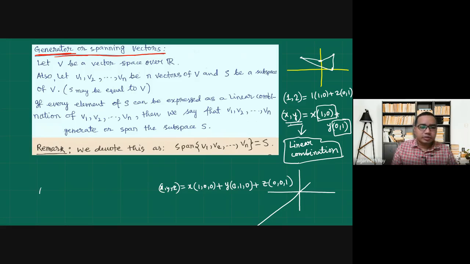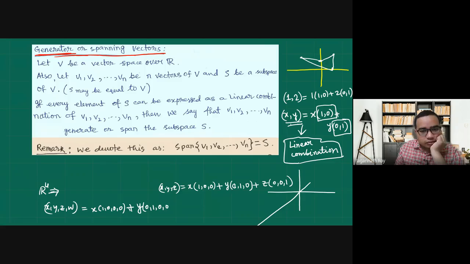If we go to four-dimensional space, the fourth dimension, we cannot draw it. So let me write it down. Any vector x, y, z, and w can be written as x times 1 0 0 0, plus y times 0 1 0 0, plus z times 0 0 1 0, plus w times 0 0 0 1.